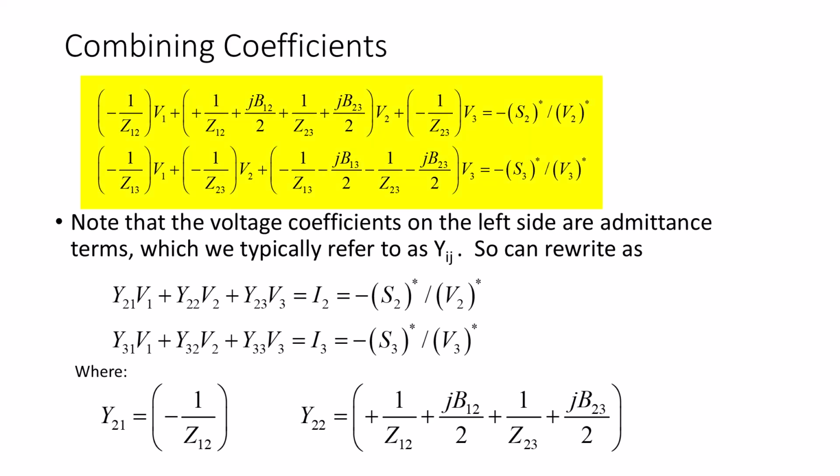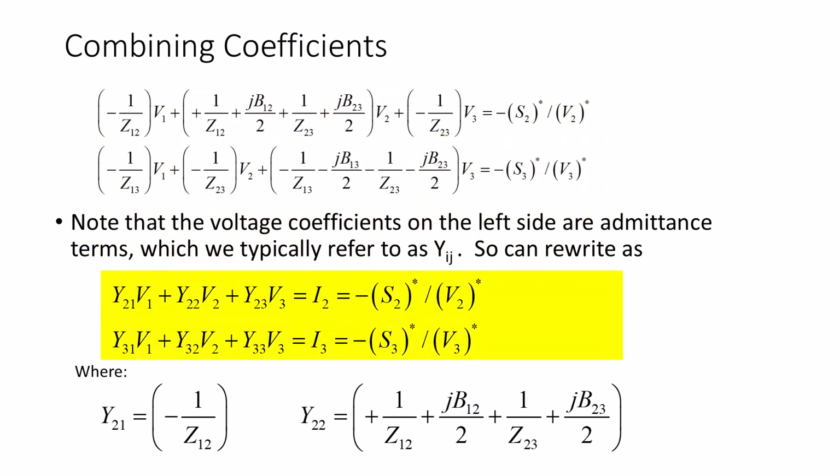If we take these Kirchhoff law equations and combine coefficients for the voltage, we can then rewrite the equations in terms of admittance coefficients denoted by Yij. We can see that there is a pattern associated with these admittance terms. In the case where i is not equal to j, the admittance is negative the inverse of line impedance Zij. So for example, Y21 is negative the inverse of Z12.